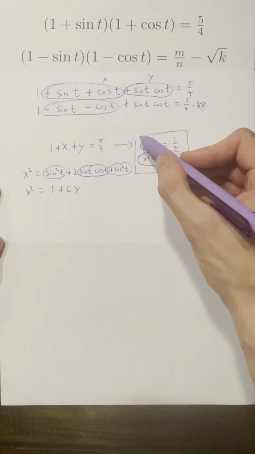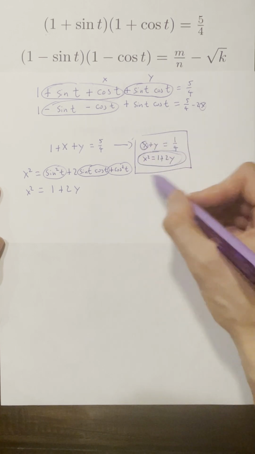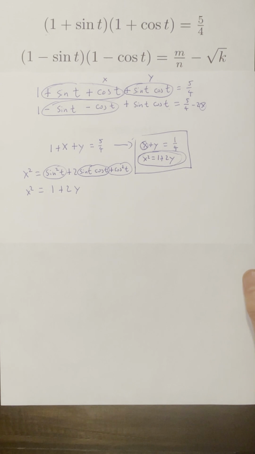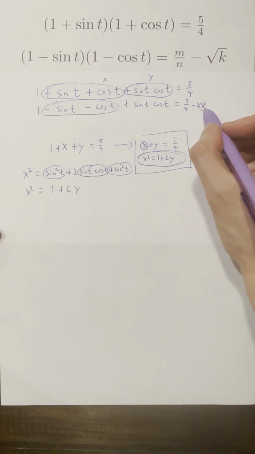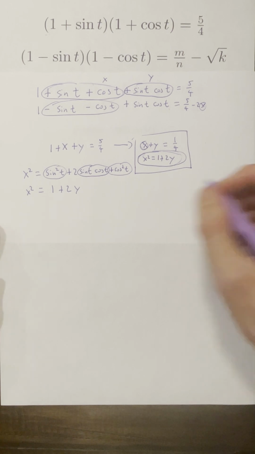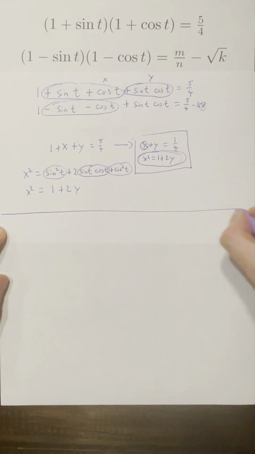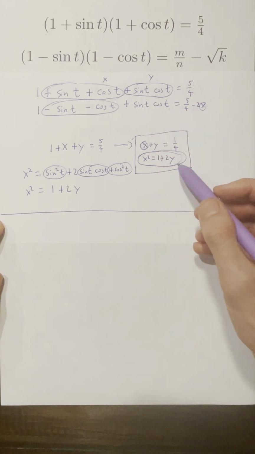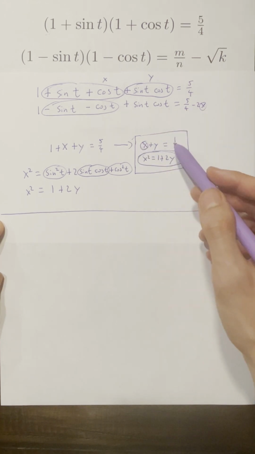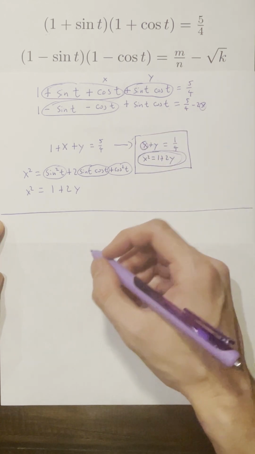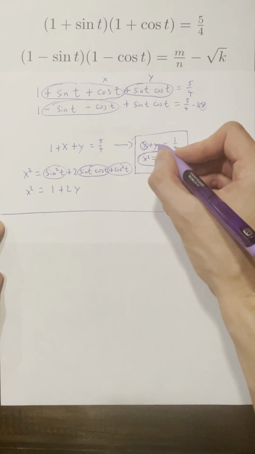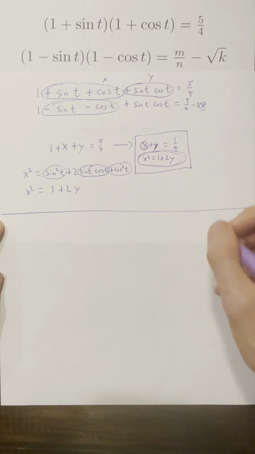So when solving this system of equations, do we want to solve for x or do we want to solve for y? So we want to solve for x. So we're going to be strategic about how we solve this. We are going to use substitution, but get rid of this y here.